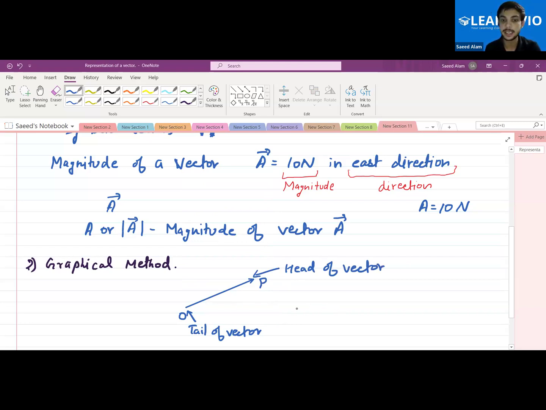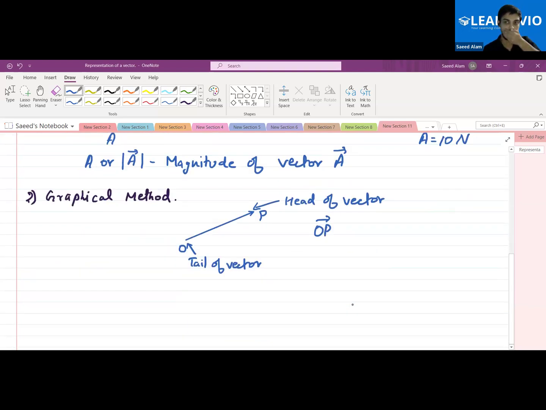If we need to represent this particular vector in the analytical method, we'll write it just like this, OP. So this is how we can represent a particular vector in the graphical method.